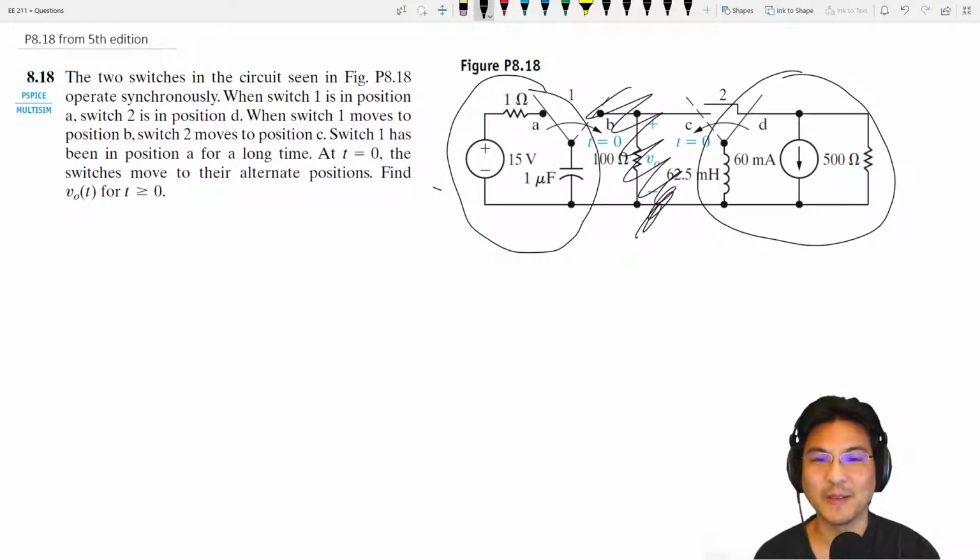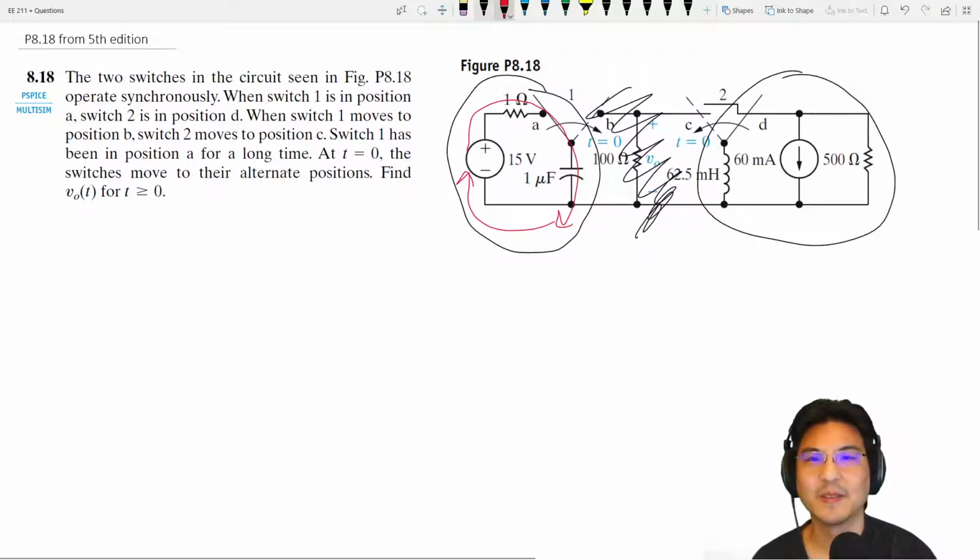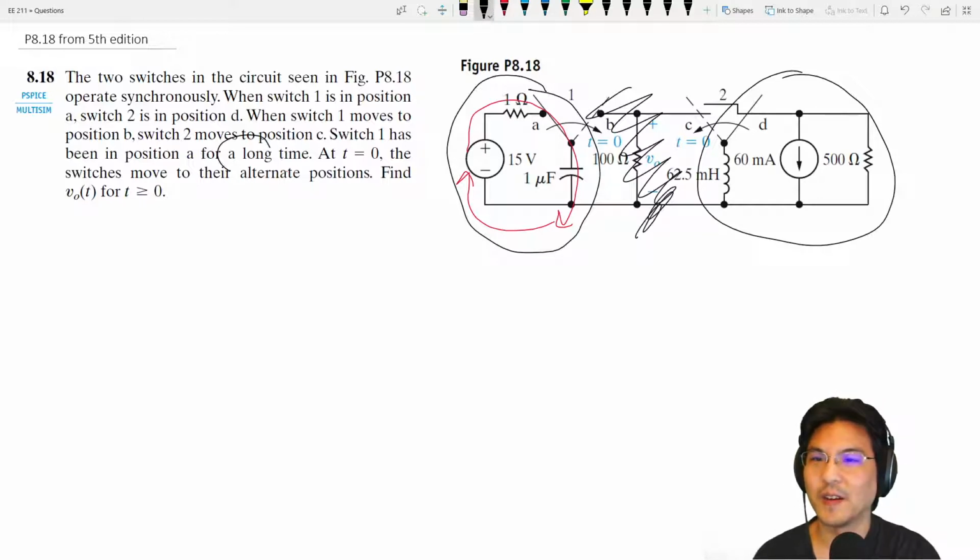So over on the left, we have that voltage source going, so you have current going like this, through the capacitor. And if it was like this for a long time, then for the capacitor, the current is C dV/dt.